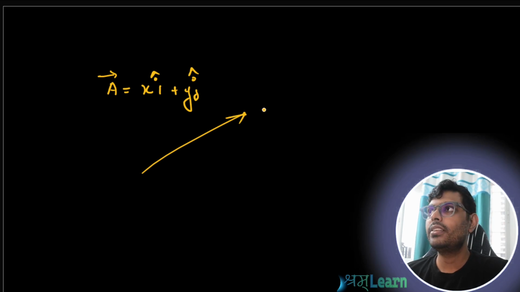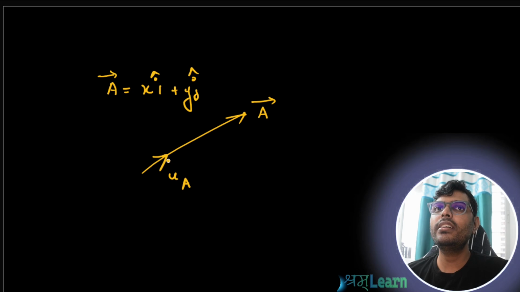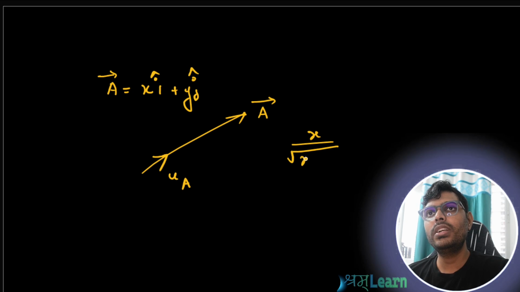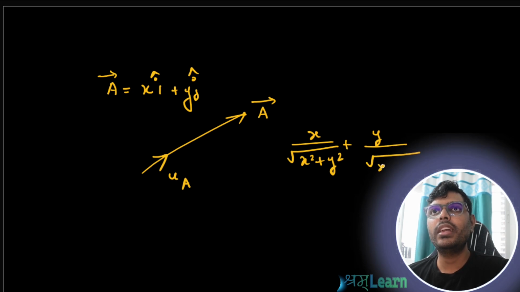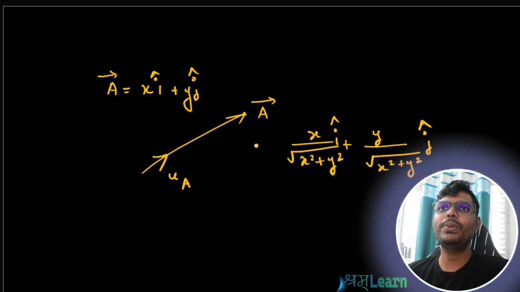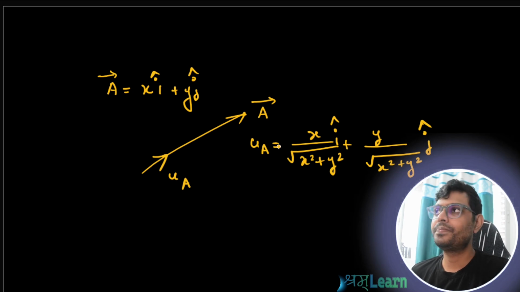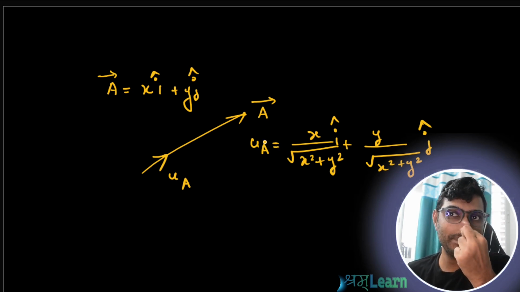So a unit vector in the direction of a vector would be nothing but x by root x square plus y square, plus y by root x square plus y square. Obviously i cap and j cap are taught in 12th. So we will do the same thing here also.